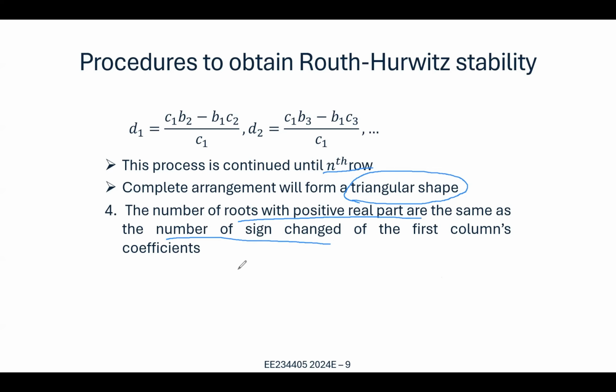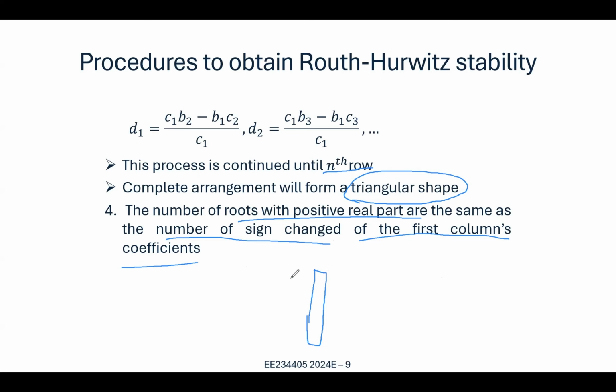In other words, if we want the system to be stable, we want the coefficients of the first column to have unchanged sign. We want them all to be positive, because again, A has to be positive. If it's negative, then the system is unstable.